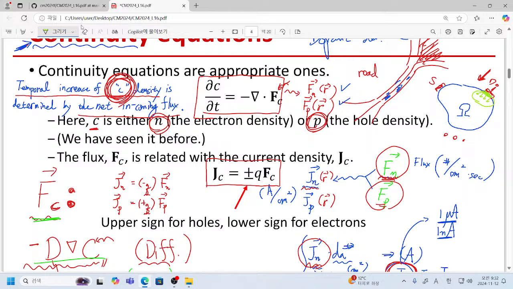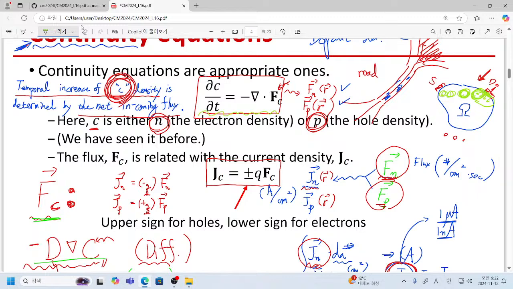However, unfortunately, if you wanted to know the current density at this point, this is closely related with the current density at this point and this point and this point. So the entire system is just connected through this continuity equation.